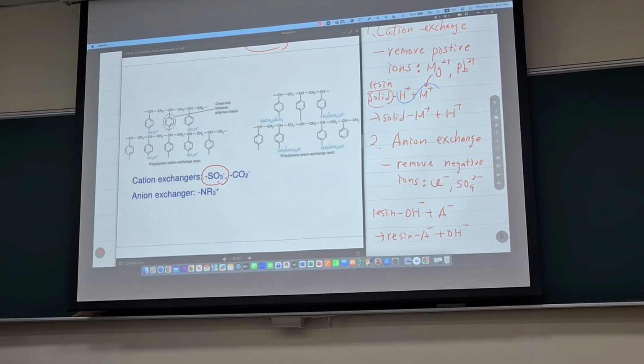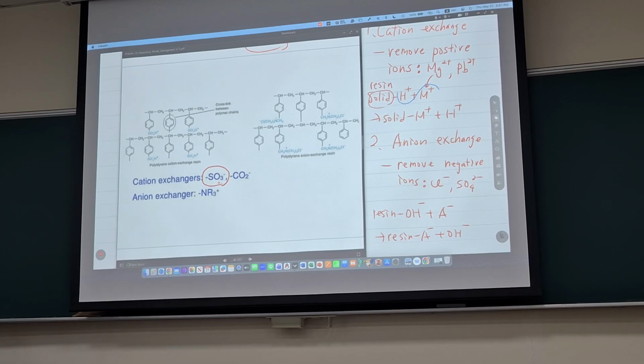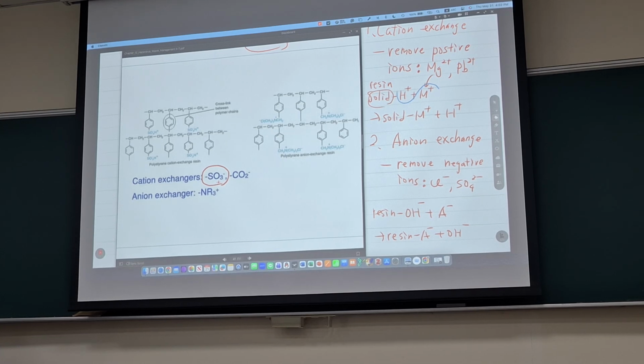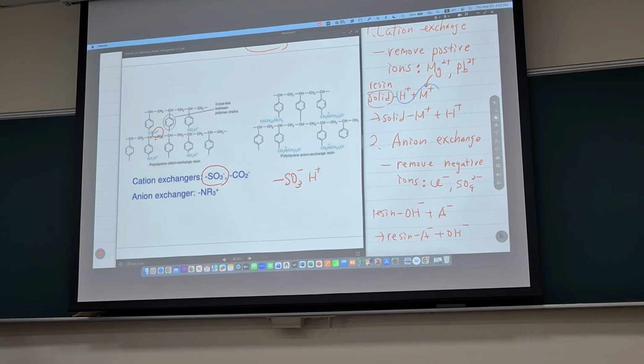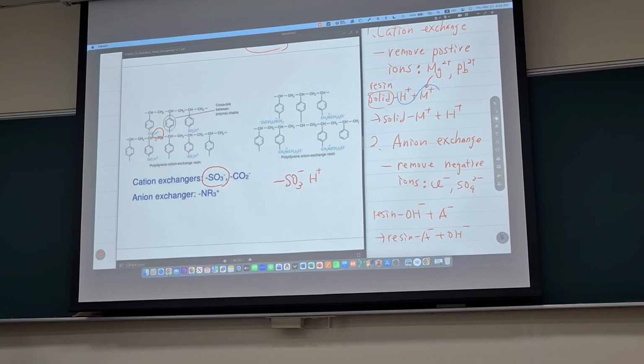Students, it will be like this. Normally we use sulfonate as the functional group for cation exchangers.